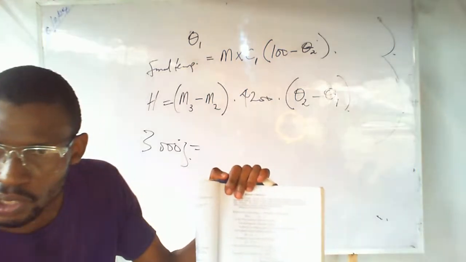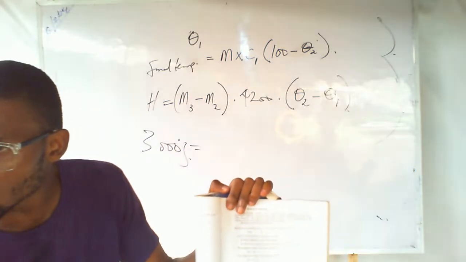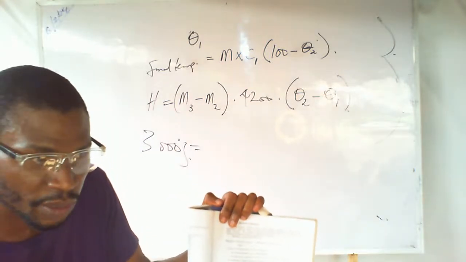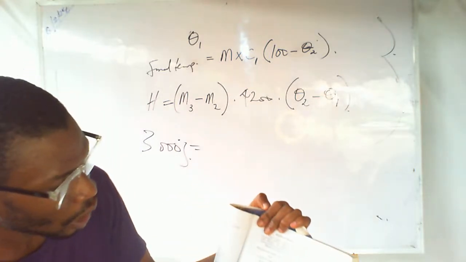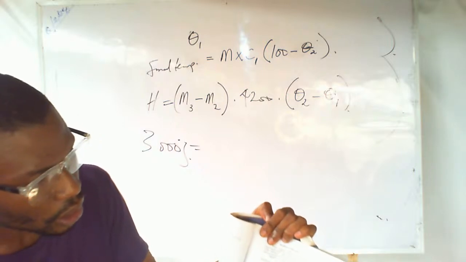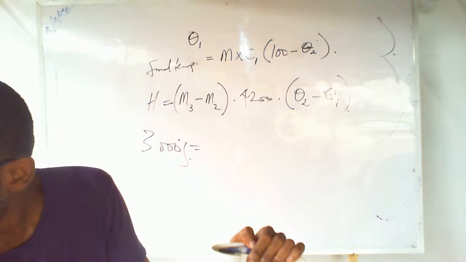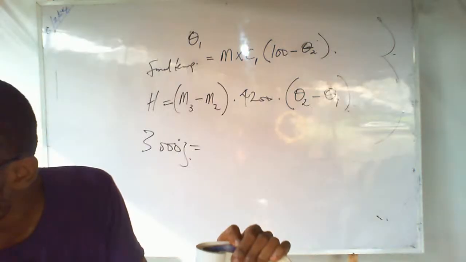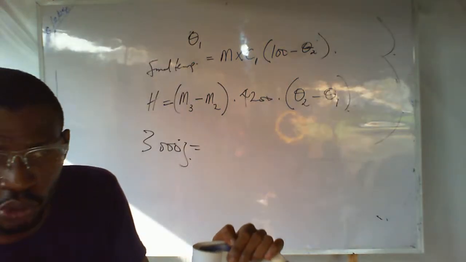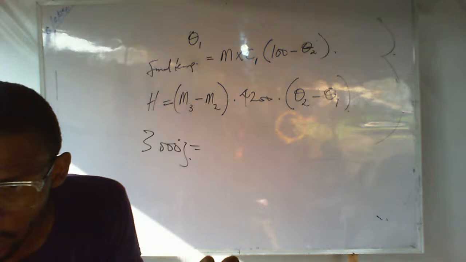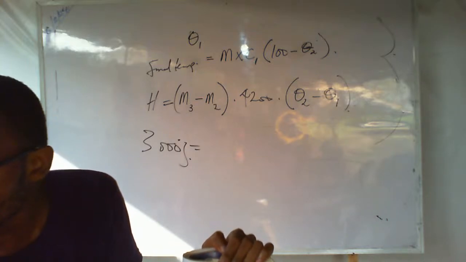See the way this author puts the explanation. This is the quantity of heat supplied from the hot body, the heat lost by the hot body. He represented it with what? QH. Can you see? And this QC means cooler body.